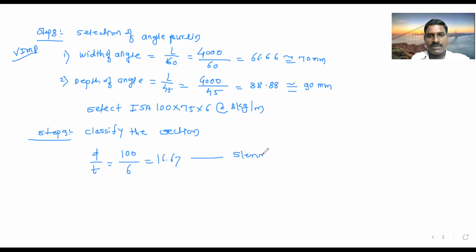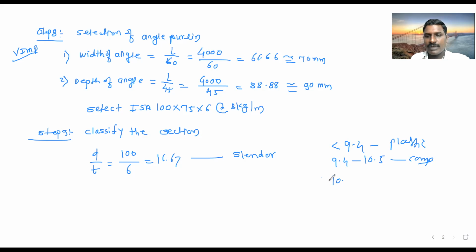Slender. Good. Slender classification. So less than 9.4 is plastic classification. In between 9.4 to 10.5, it is a compact classification.